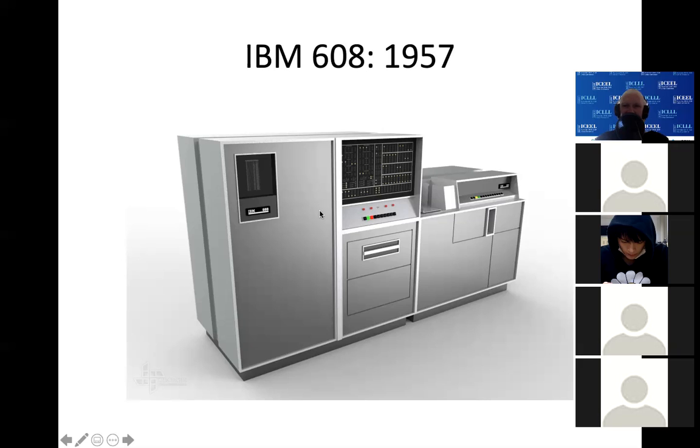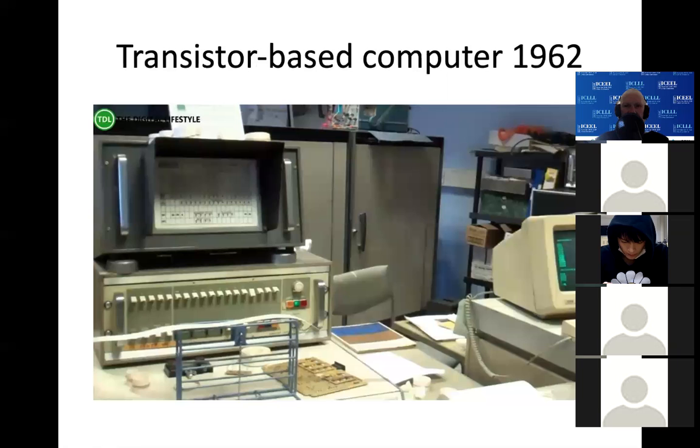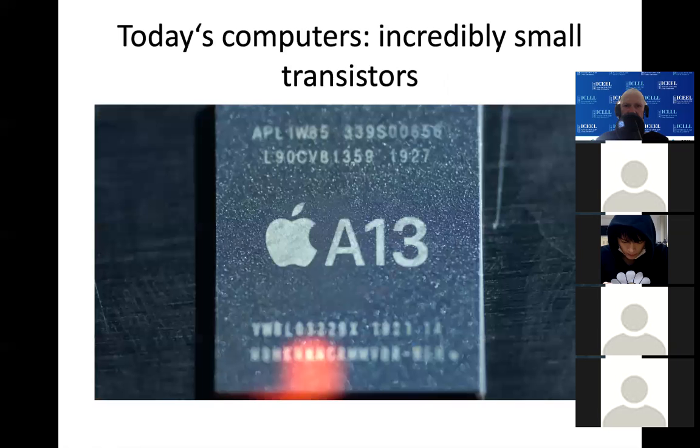They got these computers and they are actually getting smaller. Still huge, but getting smaller, getting faster. And so transistor-based computers start to really improve very quickly and get much smaller over time.